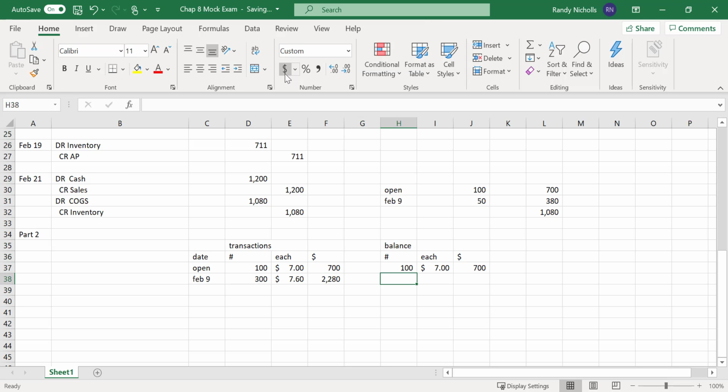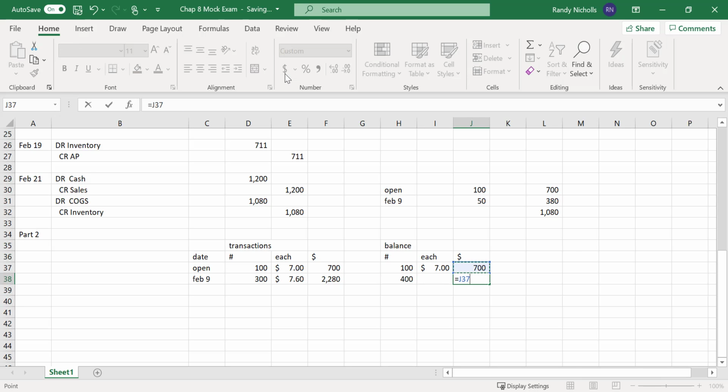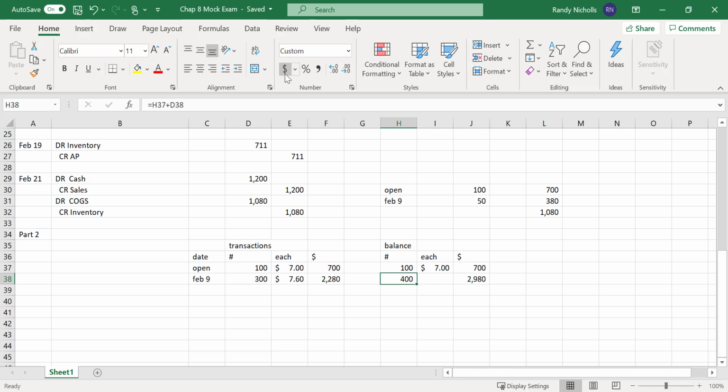And then if I'm looking at my balance, now it's going to be equal to what I had plus this new transaction. My dollars are going to be equal to what I had plus this new transaction. My weighted average is going to change based on the math of those two numbers. So I'm tracking the number of units. I now have 400.